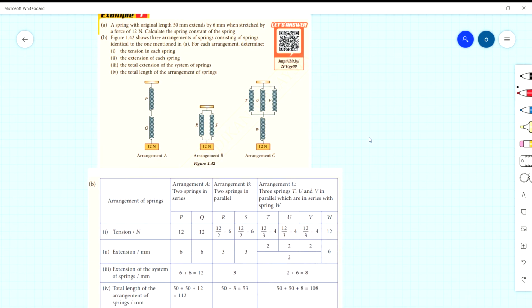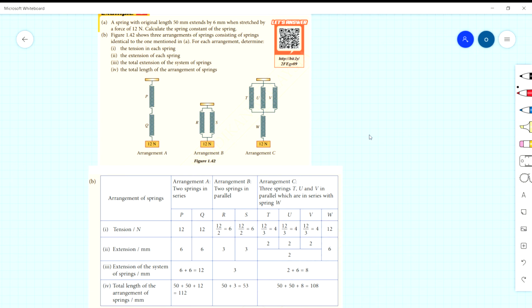A spring with original length 50 mm extends to 6 mm when stretched by a force of 12 Newton. Calculate the spring constant of the spring. This is a very direct application. For question A, I don't think I have a problem with that. Just directly apply F equals Kx.